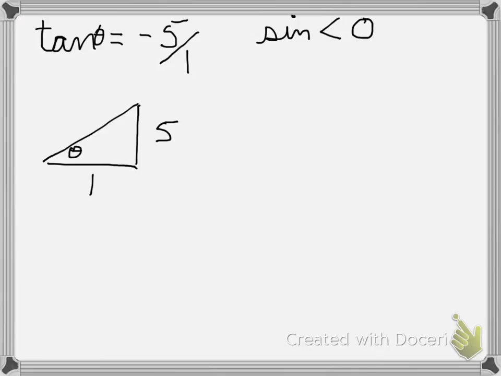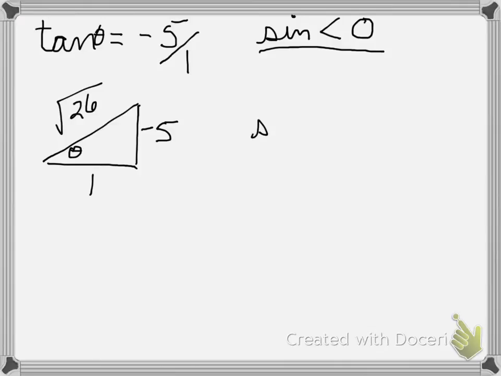Opposite, adjacent. But now they tell us that the sine is less than 0, so that means that the -5 has to be negative. Well, the 5 has to be negative. Now, the hypotenuse, square root of 26. 5 squared plus 1 squared is 26, square root of that.